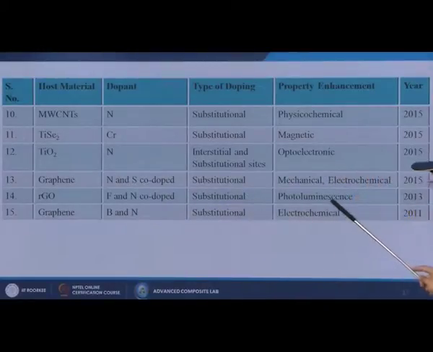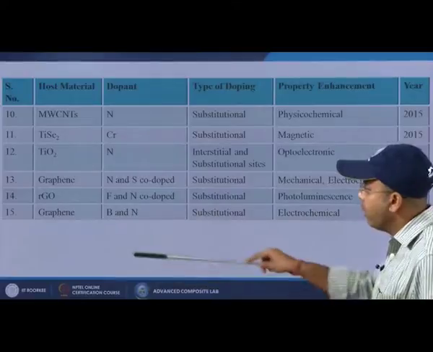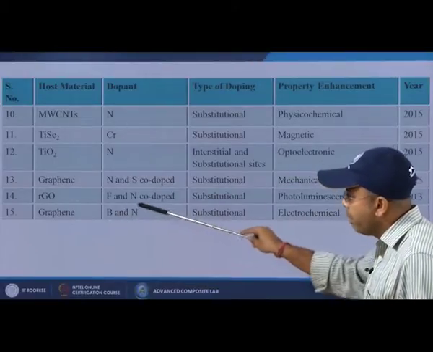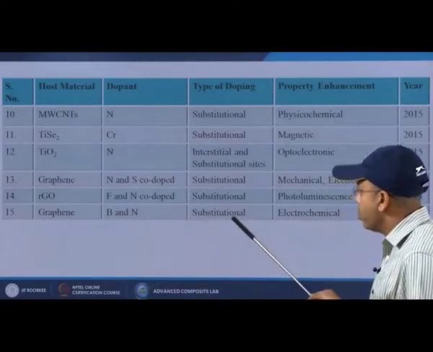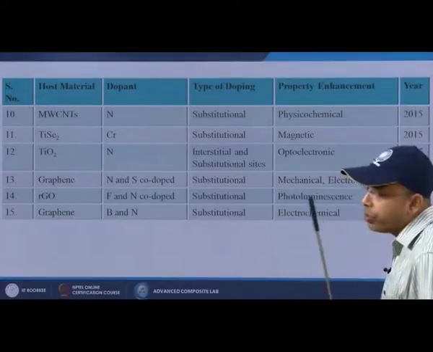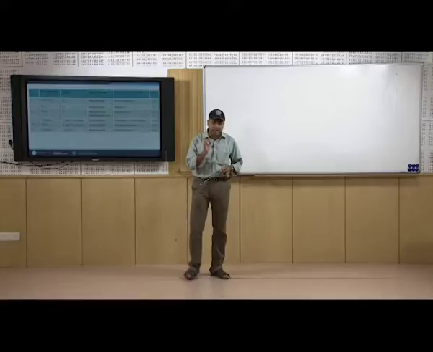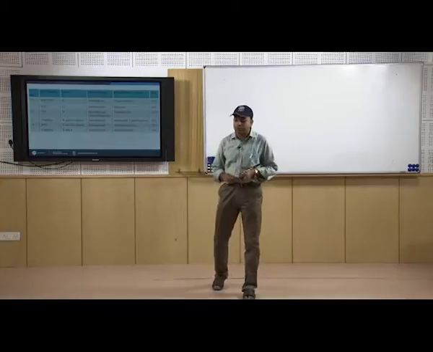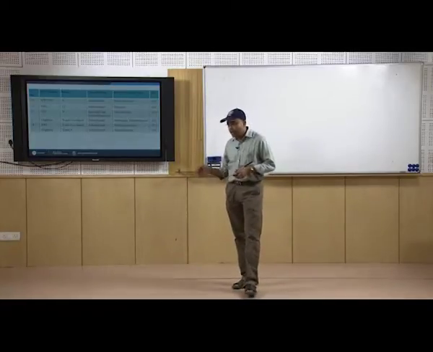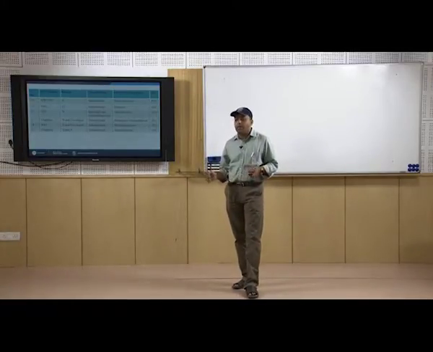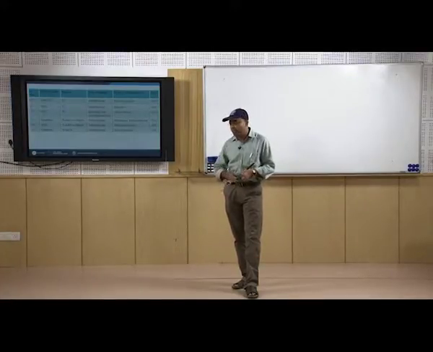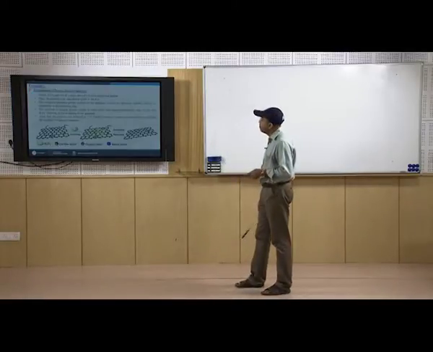The photoluminescence property of that material has been enhanced in the year 2013. And here is another one, graphene, done with boron and nitrogen, where substitutional doping has taken place. The electrochemical properties of that material were enhanced in the year 2011. So what I am trying to say is that this doping technology is one of the latest technologies that people are trying to use, and maximum people are using it from the last 2 to 3 years.